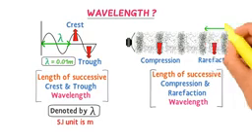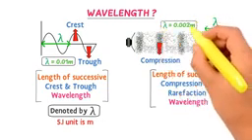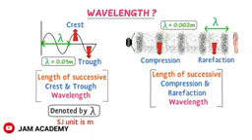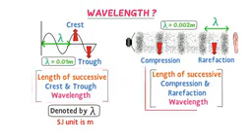So the length of one compression and one rarefaction is wavelength or lambda. Let's suppose that its wavelength lambda is equal to 0.002 meter. Thus remember that wavelength is the length of successive crest and trough, or it is the length of successive compression and rarefaction.